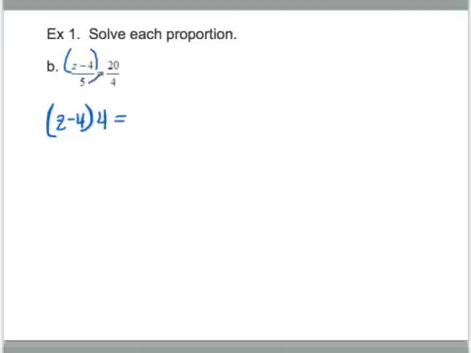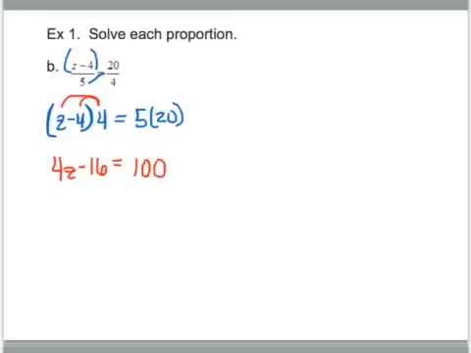That's going to equal 5 times 20. Alright, well the left-hand side may look familiar. You're going to have to use the distributive property and take 4 times z and then 4 times negative 4. You get negative 16. 5 times 20 is 100.